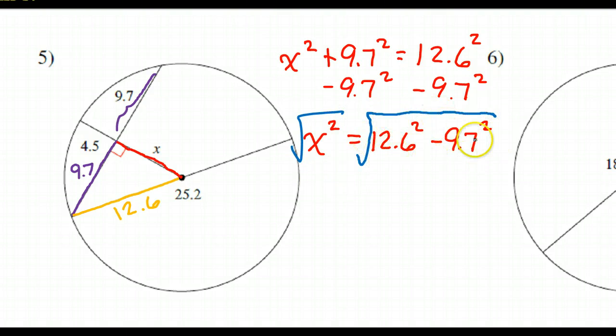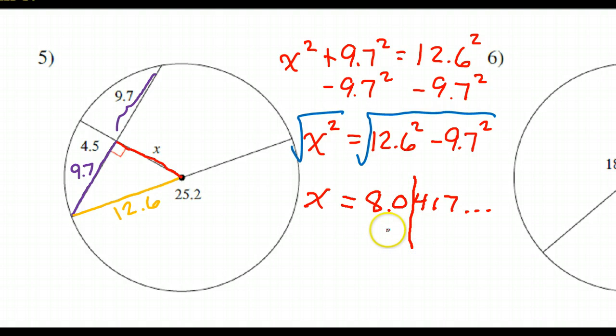I just typed this whole expression in my calculator, and it's giving 8.0417, etc. Normally, I try to round this to 1 decimal place in a problem like this. But since this is just a 4, it's going to remain the same. So it's just going to be 8.0. Okay, so that's the answer to number 5.